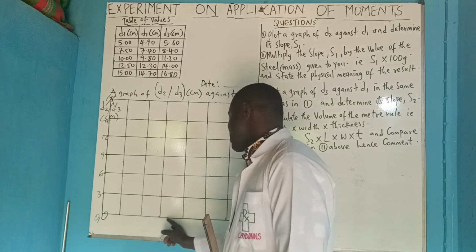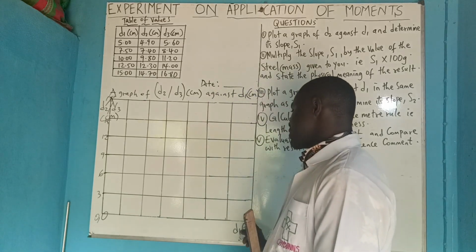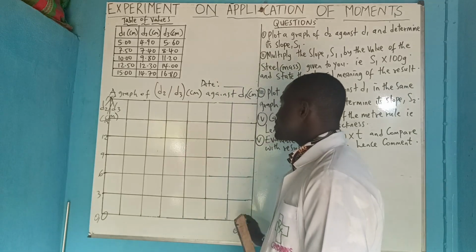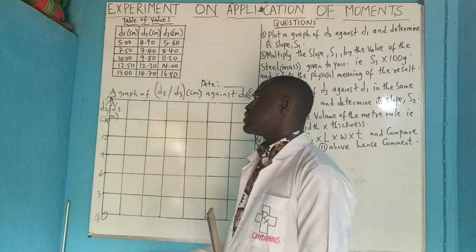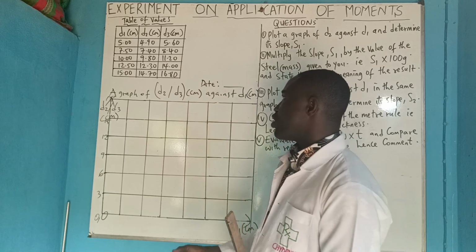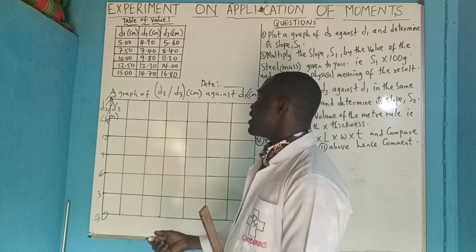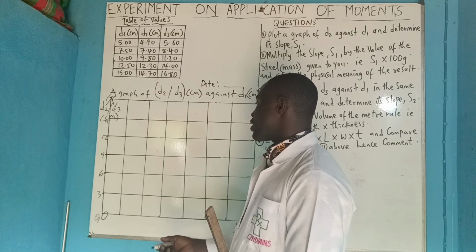Then for horizontal, the highest is 15. 2, 4, 6, 8, 10, 12, 14. And the highest is 15. That means it cannot go by 2s. So what I will do, I can say let me go by 3. Okay, 2.5.